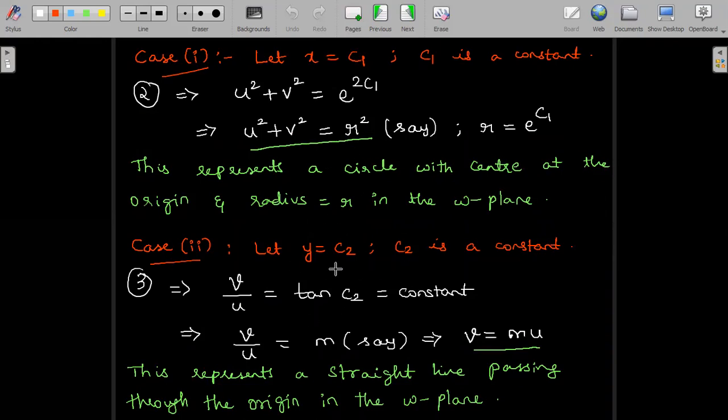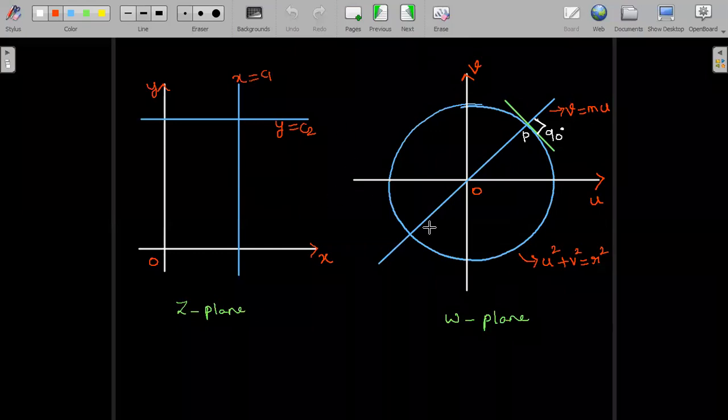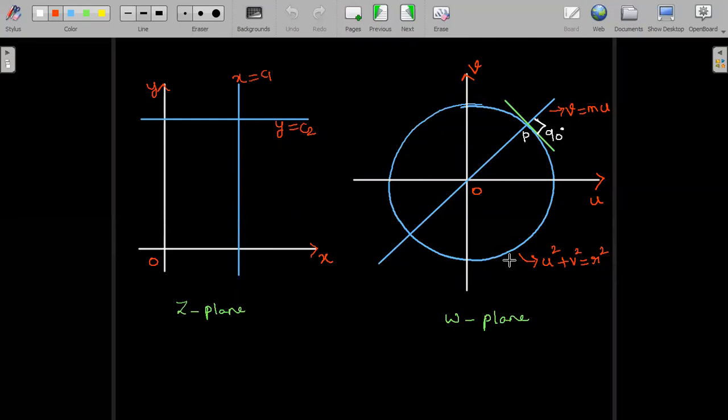Similarly, y is equal to c2, another straight line in the z plane parallel to the x-axis, is now mapped onto the straight line v is equal to mu passing through the origin in the w plane. So the same thing has been drawn and discussed. So we have seen the transformation from z plane to w plane. So we will write down the conclusion now. Conclusion.